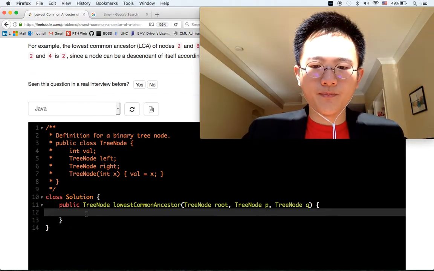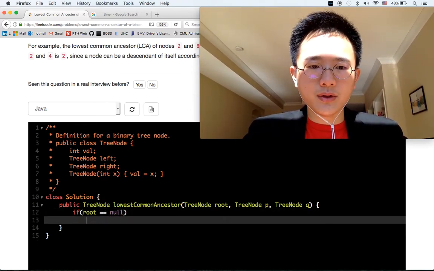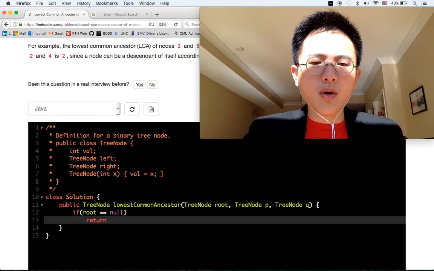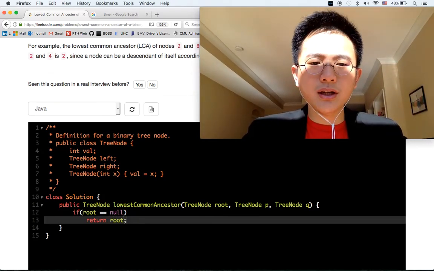So first of all, if root is equal to null, then we'll just return null. Well, actually, you know what?